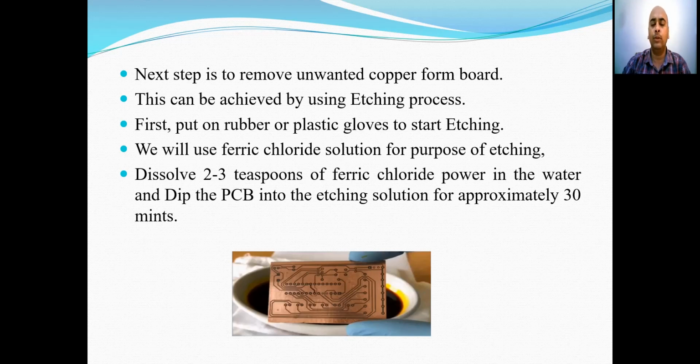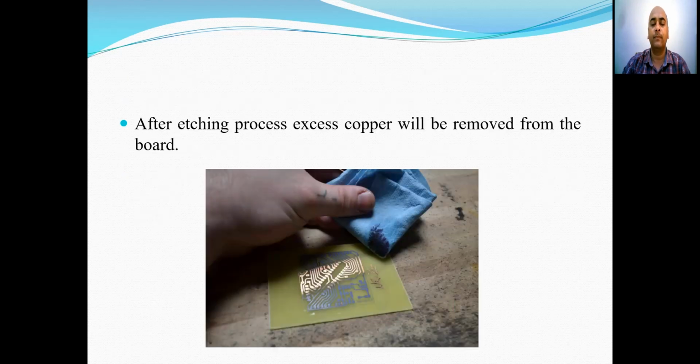Dissolve 2 to 3 teaspoons of ferric chloride powder in water and dip the PCB into the etching solution for approximately 30 minutes. After etching process, the excess copper will be removed from the board.